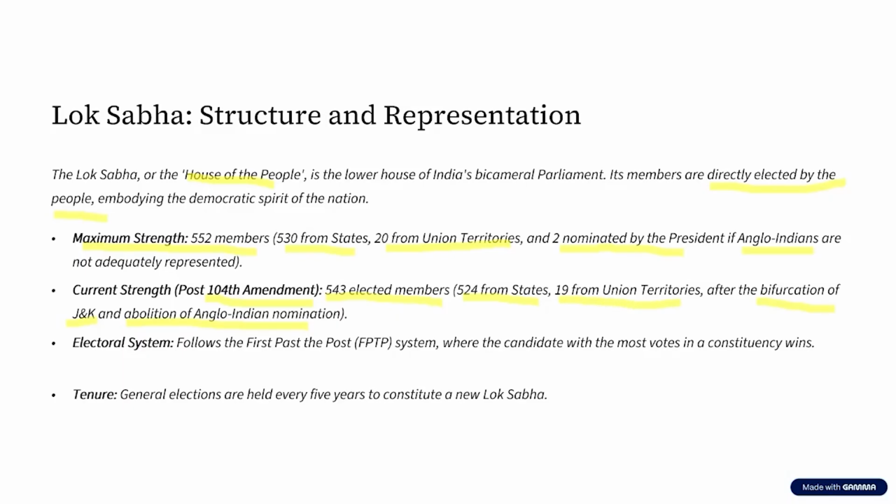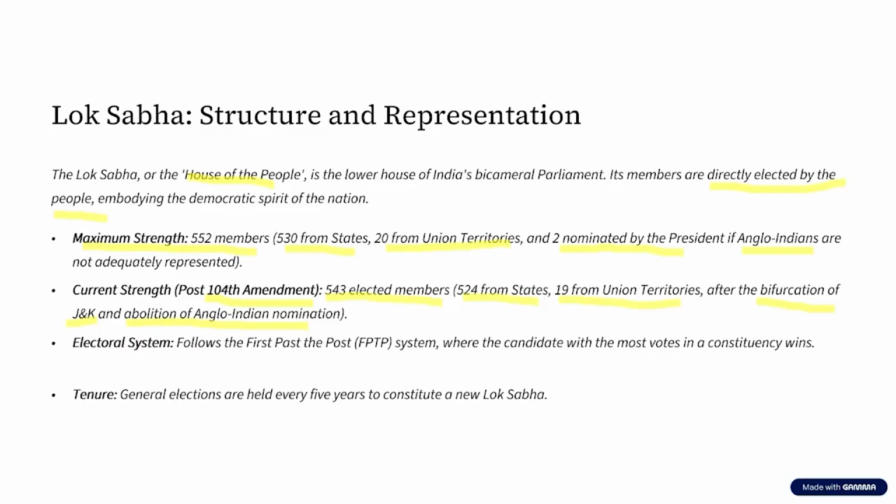So, for a party to form a government, what is the magic number that is required? It is 543 divided by 2, or more than that, that is 272 is the magic number. Clear? I hope this is clear with respect to the composition of Lok Sabha.